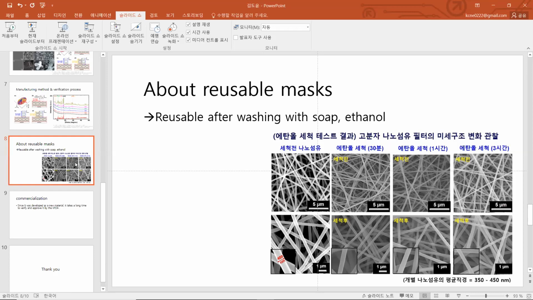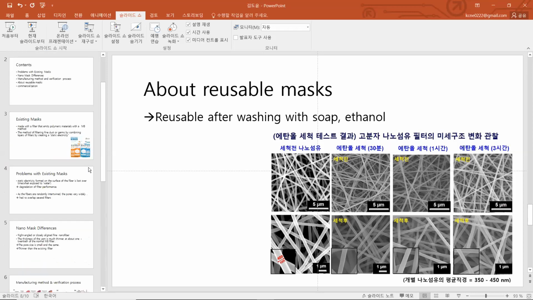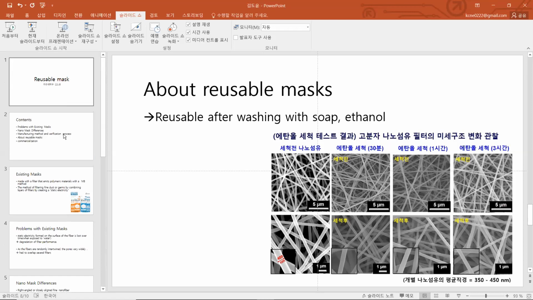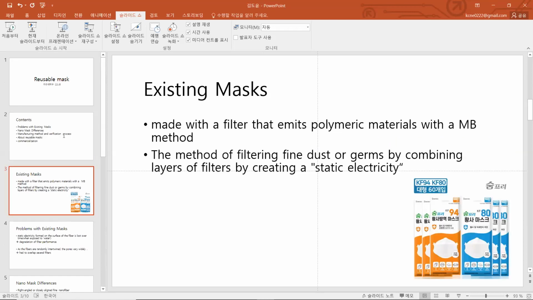In the beginning, you mentioned the normal MB filter. What is the MB filter? Or MB method? The MB filter is the existing mask's skill, and it is made by electrospinning.